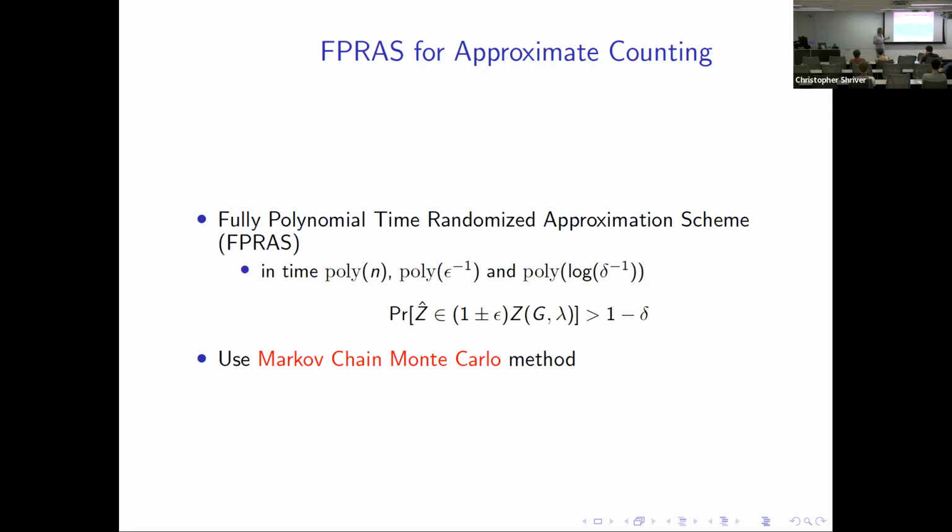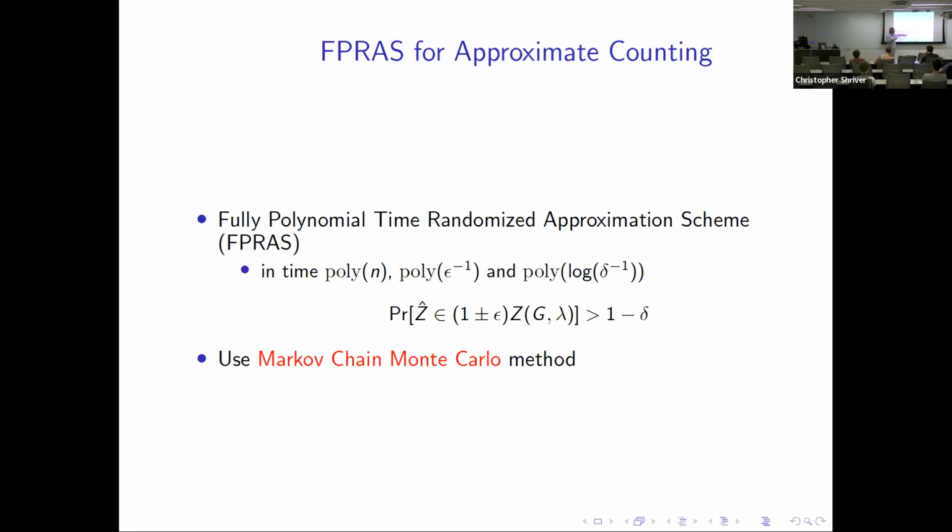Basically, an FPRAS is any algorithm that computes an estimate Z hat of the partition function, say here for the hardcore model, which is within a factor of 1 plus or minus epsilon of the actual value, with probability at least 1 minus delta. We have probabilistic approximation guarantees.